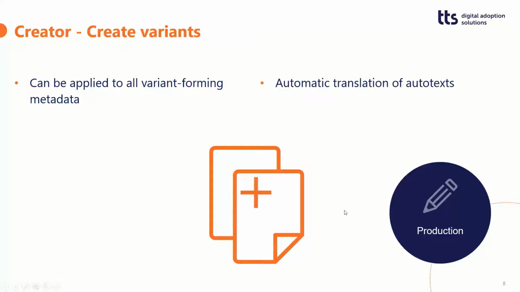And if you create a language variant, then of course, all the auto texts, as soon as it is an IT recording, that are included in your source document will automatically be translated to the target language as soon as you create a language variant. And I will show you a little example of this as well.